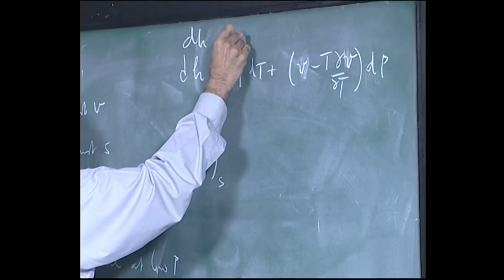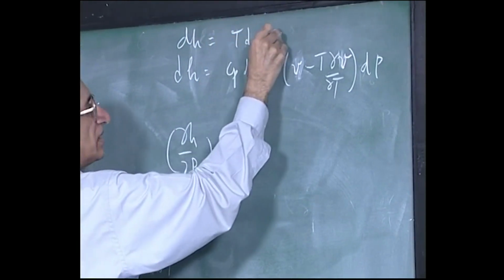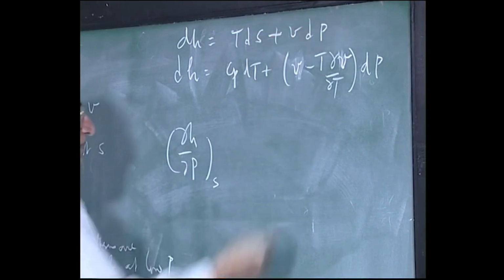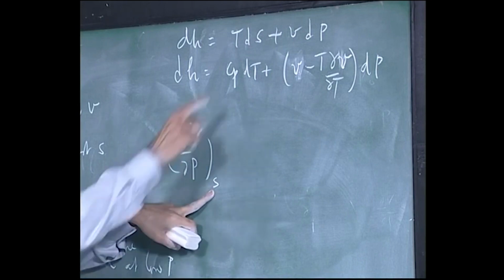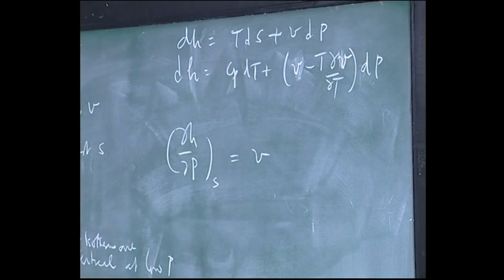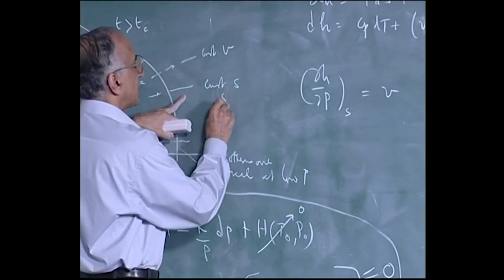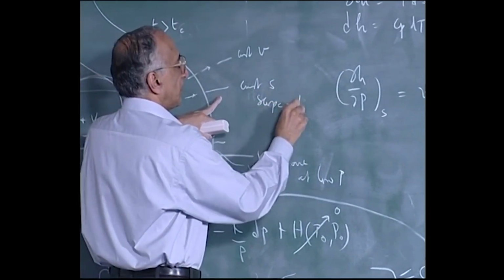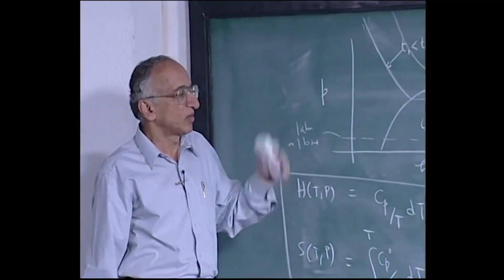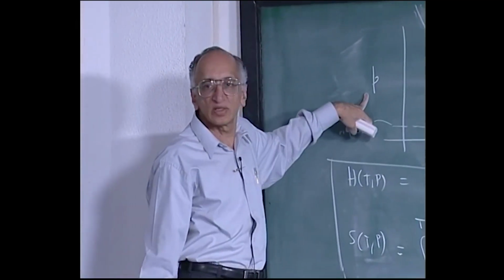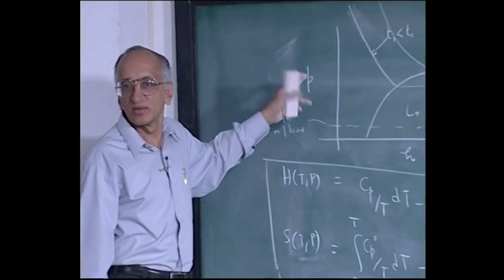You get dH is equal to TdS plus V dP. So the partial of H with respect to P at constant S will simply give me V. So the isentropic lines, the constant S lines, have a slope equal to V. In calculating dou H by dou P, the slope on this diagram is dou P by dou H, so it is 1 by the other.